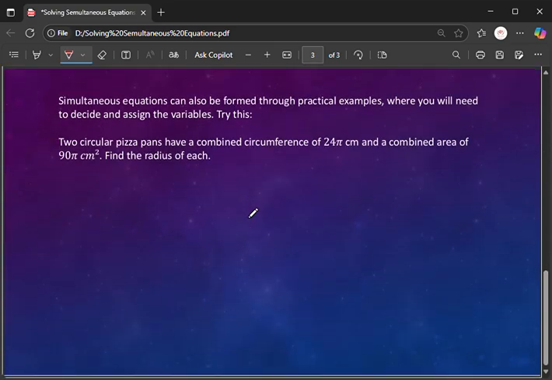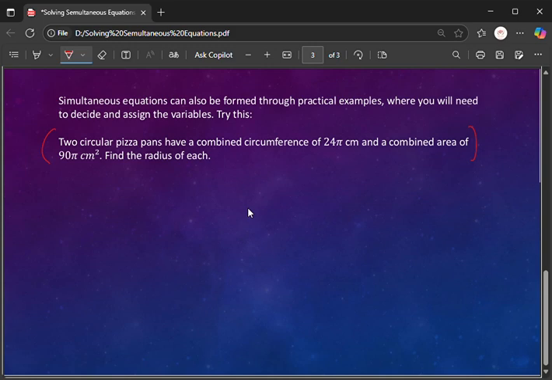Now we have another question here, but this question is one of the application questions, how to apply solving simultaneous equations in a context, in a situation. So two circular pizza pans have a combined circumference of 24 pi centimeters and a combined area of 90 pi centimeters squared. Find the radius of each. Okay, so this is the question. It is an application question.